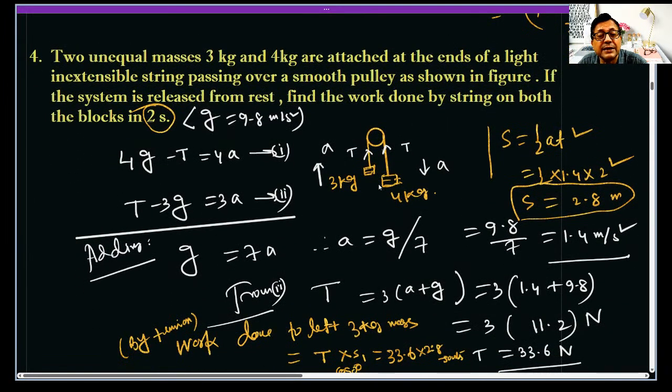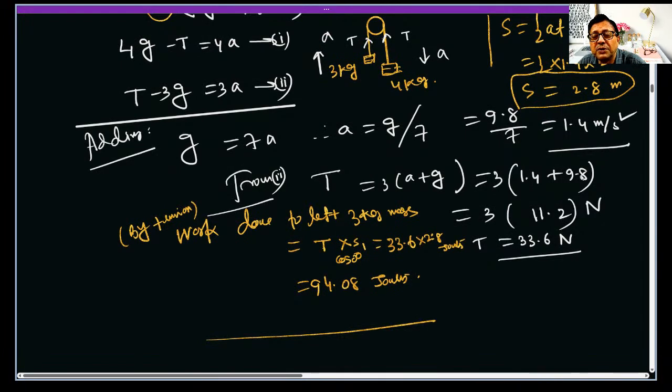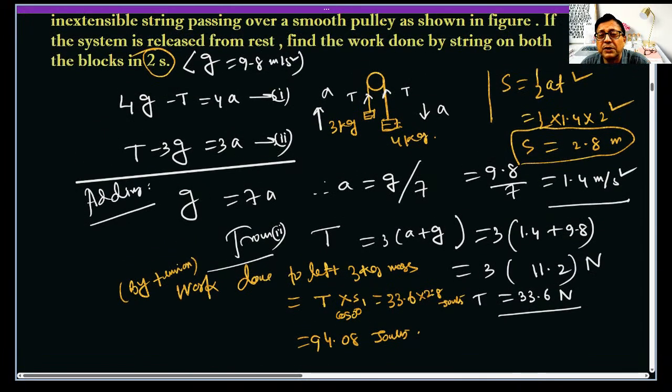What about the second case? What is the work done by tension in this case? Tension here did positive work, but here, whatever displacement was there, 2.8 we found, the displacement you got is 2.8, but that work done will be negative.